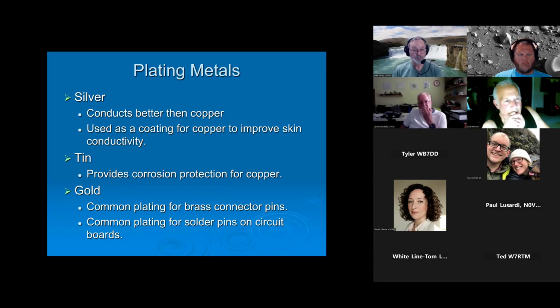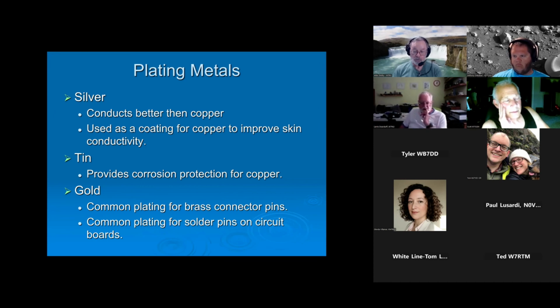Silver conducts better than copper, used as a coating for copper to improve skin effect. So if you have something like a circuit board, you have copper that's laid down for conductivity. You can coat the connection points with silver to provide some level of keeping the copper from corroding.